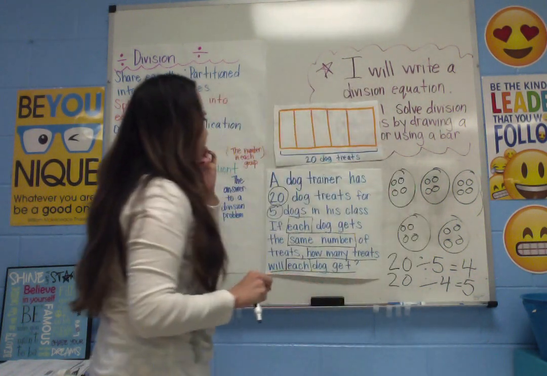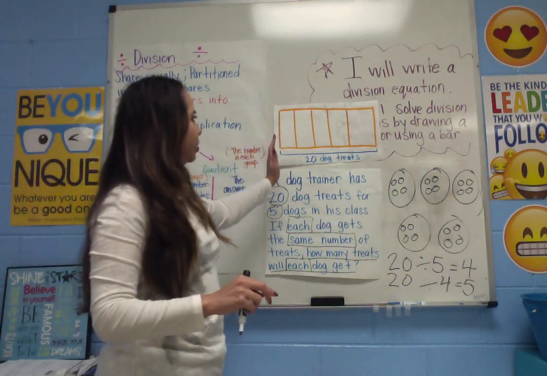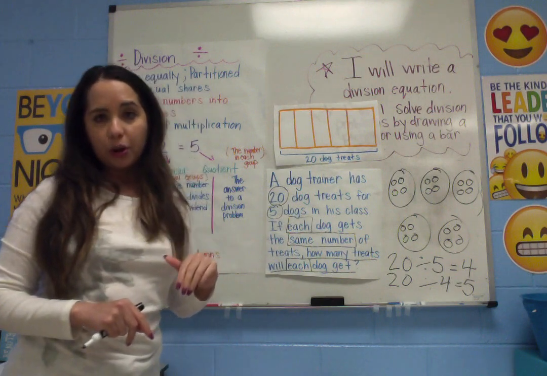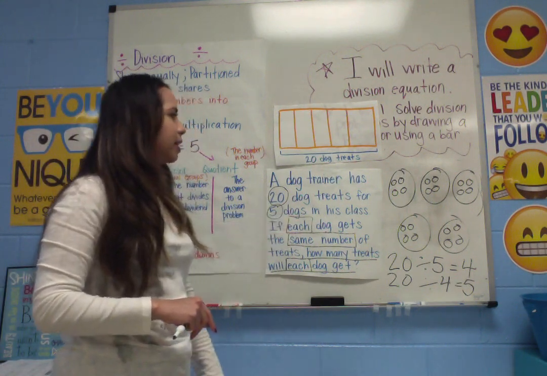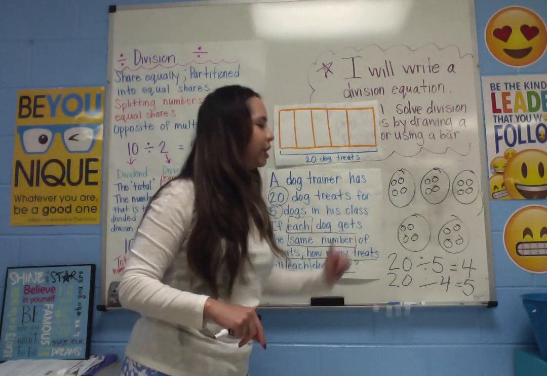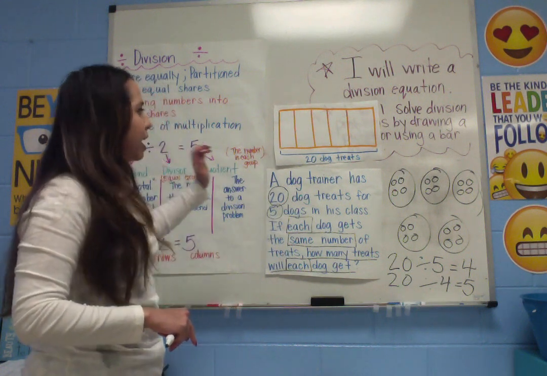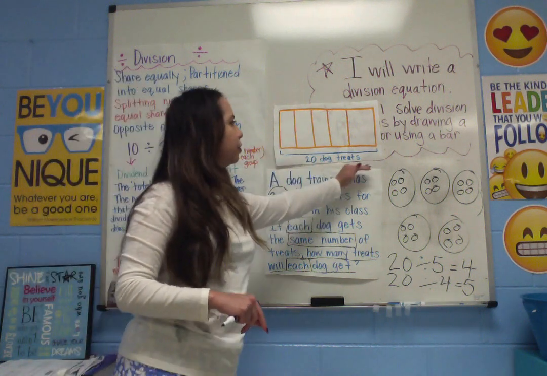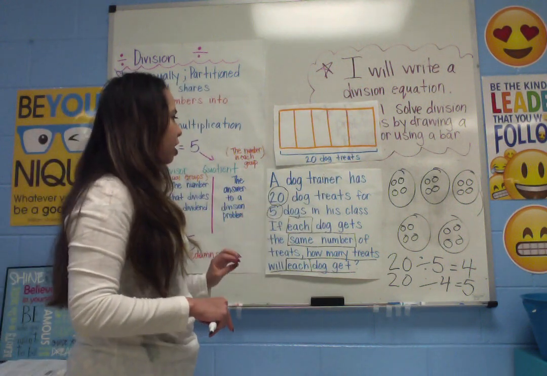All right, so watch. Here, as you can see, the bar model is divided into fifths, 5 equal parts, because we know there were a total of 5 dogs in the class. And the 5 dogs, just like this picture, represented equal groups. All right, so this bar model is divided into fifths. As you can see, the total number is already here at the bottom. There were a total of 20 dog treats.